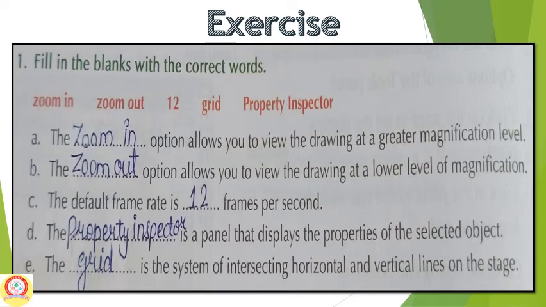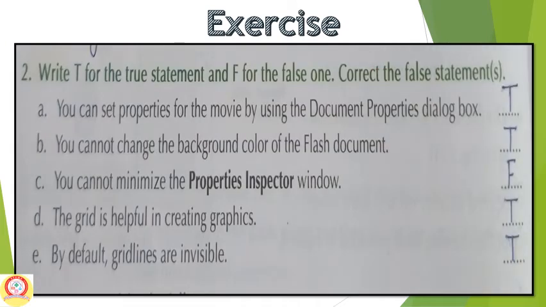Zoom out. C. The default frame rate is dash frames per second. 12 frames per second. D. The dash is a panel that displays the properties of the selected object. Property inspector. E. The dash is a system of intersecting horizontal and vertical lines on the stage. Grid.